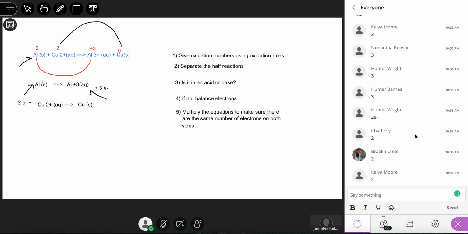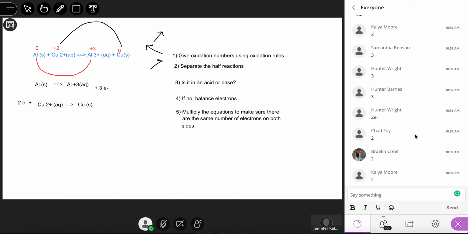In the copper half reaction, we have 2. So what we're going to do is multiply both of those equations by something so that they'll have the same number. In this case, we can't multiply just one of the equations because you can't multiply a whole number by 3 and get 2, or a whole number by 2 and get 3. This is just not how math works, although sometimes my math works that way, as you've seen before. That's a little joke. I didn't say it was a good joke, though.